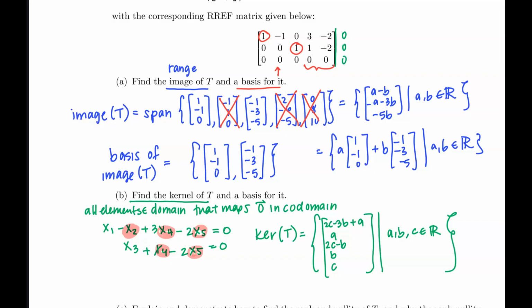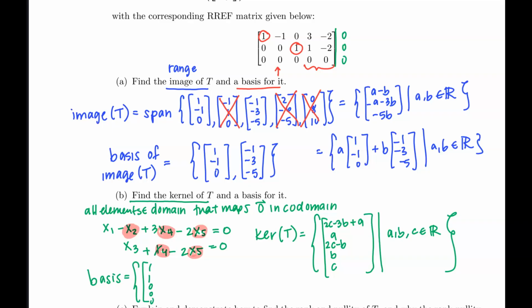If we want the basis for that kernel space, we have to rip apart all those different column vectors that we would use linear combinations of to get to this kernel. So we have our set here. We have 1a, 1a, and then no more a's.